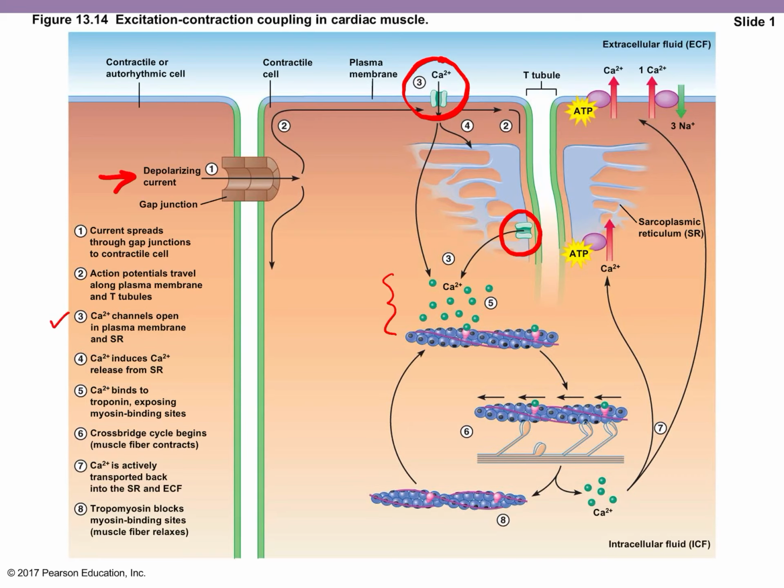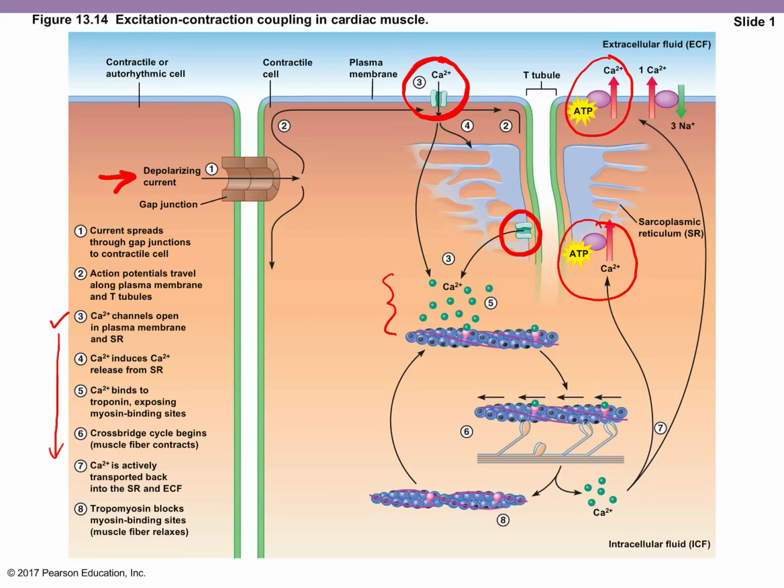So the striations of cardiac muscle are due to the same organization of sarcomeres as in skeletal muscle. So we have all the steps that are pretty much the same here. And at the same time, we have our active calcium pumping the calcium back into the sarcoplasmic reticulum.